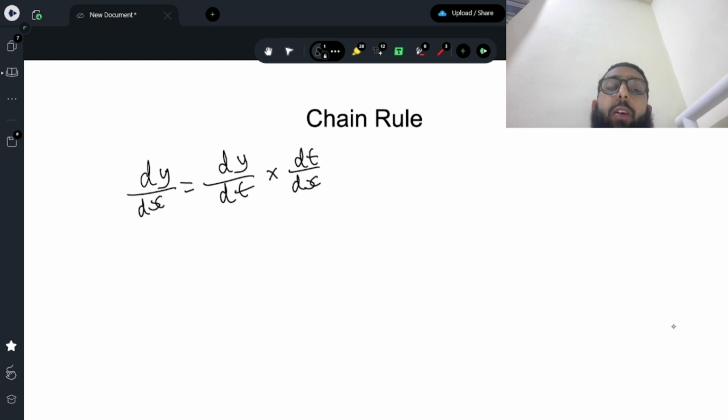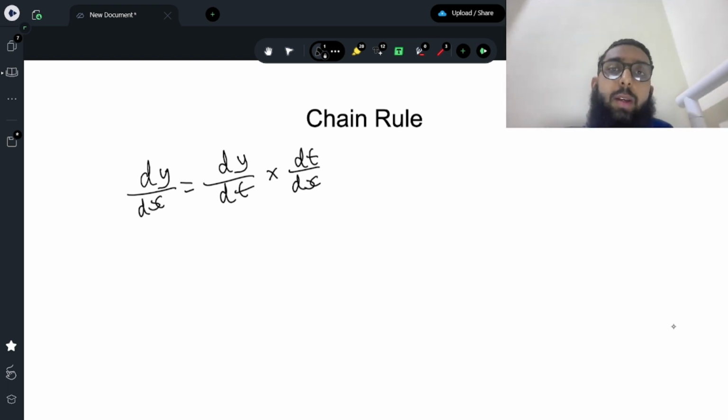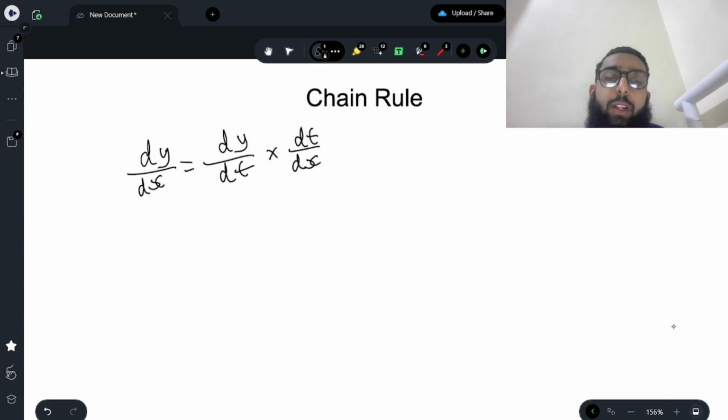Although it looks like you can just multiply them and cancel out the dt's, that's not how this works, and any maths teacher will kill you if you do this, so try not to. But it works for nearly everything that you do at A level, so it doesn't really matter too much. So what does this rule actually tell us?